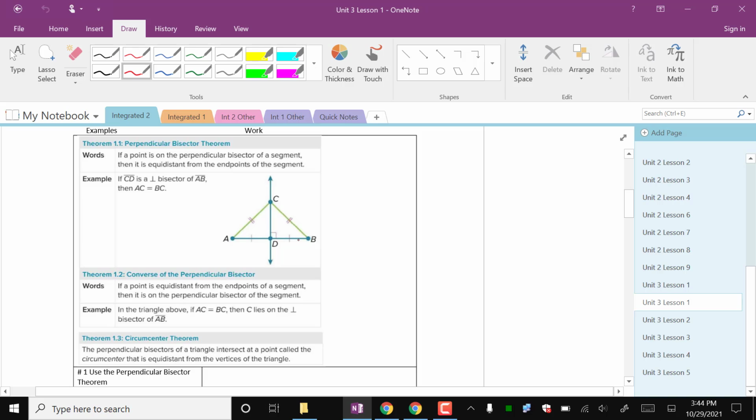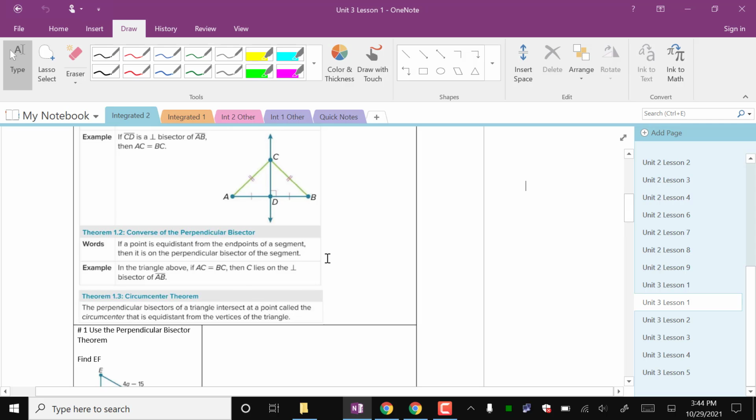Theorem 1.2 is the converse of the perpendicular bisector. So it says if a point is equal distance from the endpoints of a segment, then it is on the perpendicular bisector of a segment. So in this triangle above, if AC equals BC, so if these two are equal to each other, then C lies on the perpendicular bisector of AB.